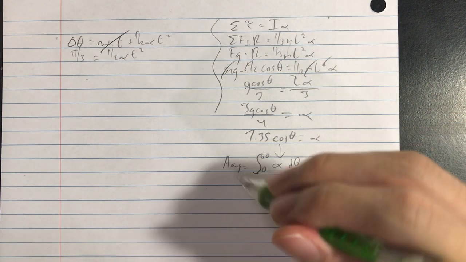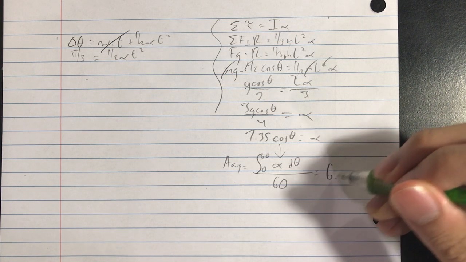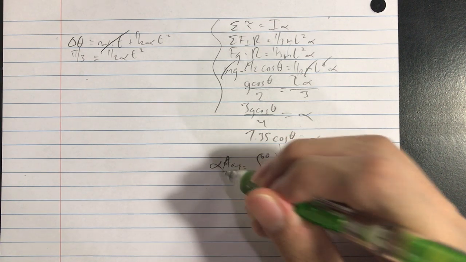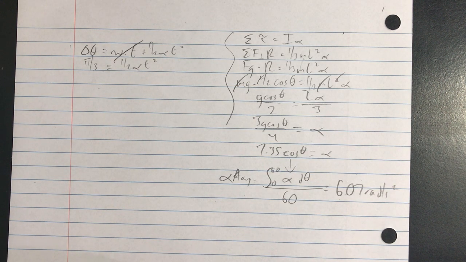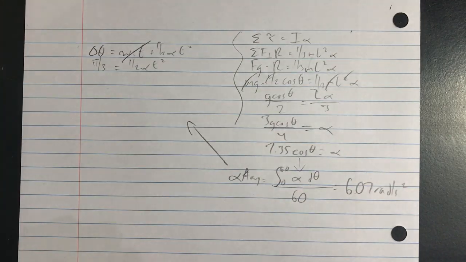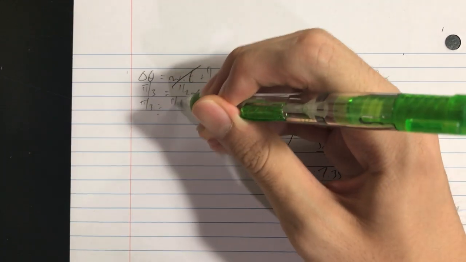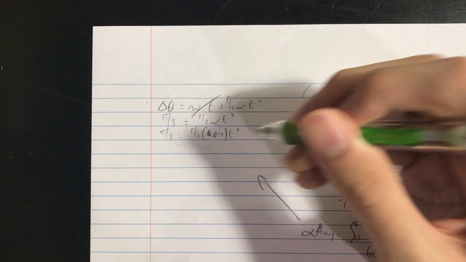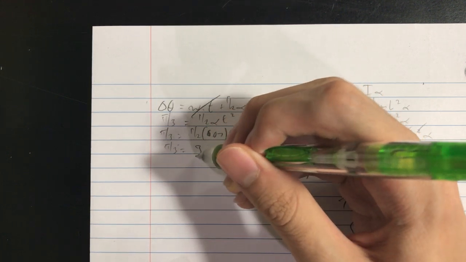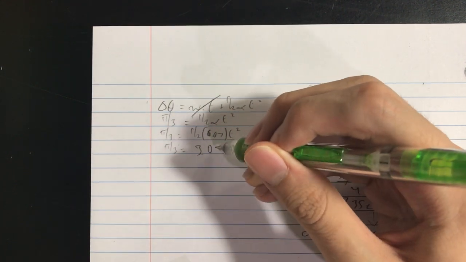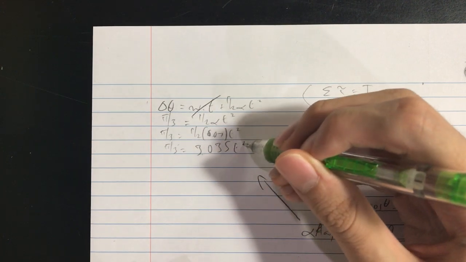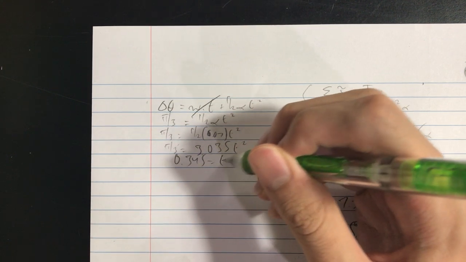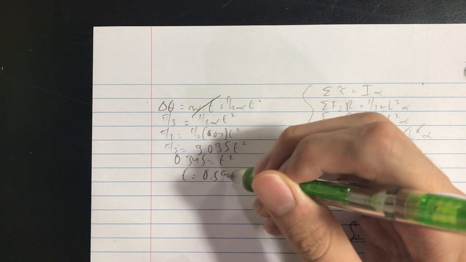And in the end, multiply all that and divide by 60, and you get 6.07 radians per second squared. This is our alpha average, and we will plug that right into there. So pi over 3 equals 1/2 times 6.07 t squared. This will become 3.035 t squared. Divide both sides by that, we get 0.345 equals t squared, and t will equal 0.59 seconds.